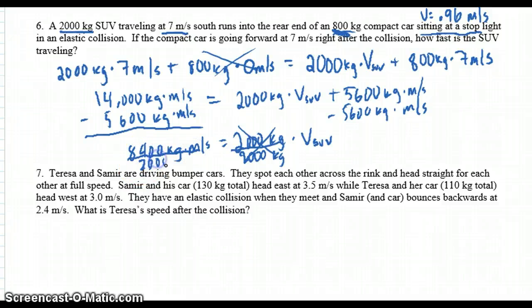Kilograms cancels out, leaves us with meters per second. And we simplify this, and we find that the velocity of the SUV is equal to 4.2 meters per second.